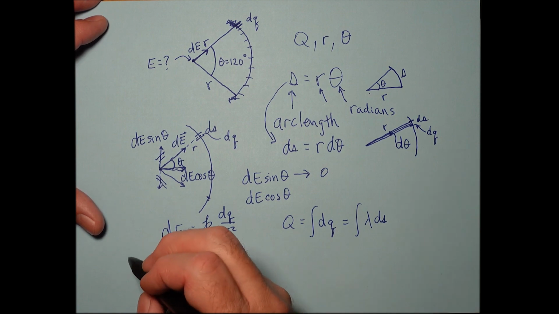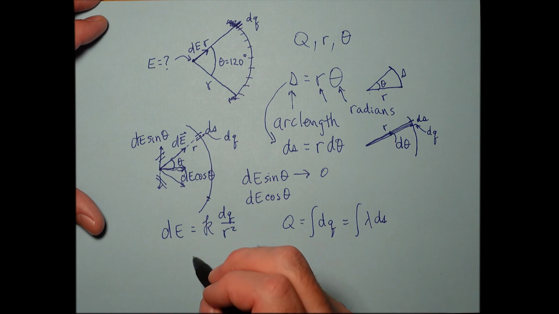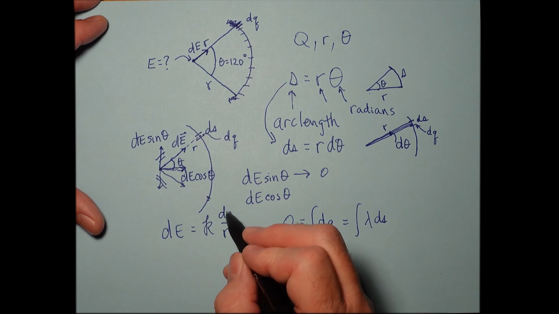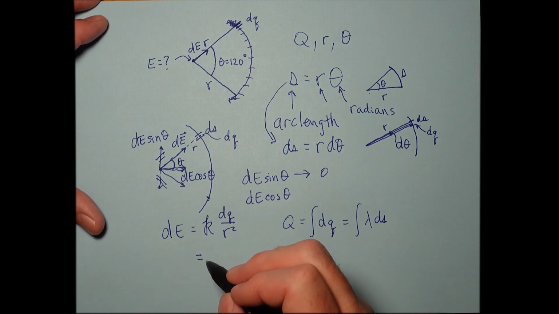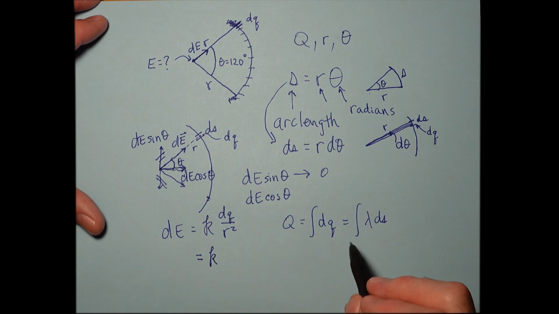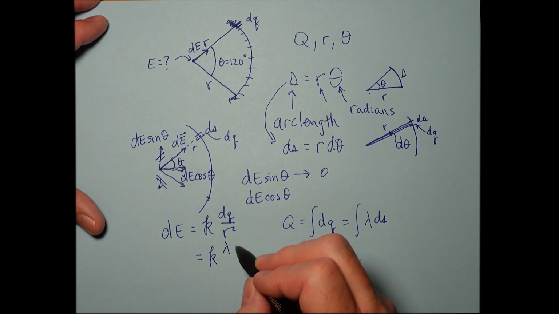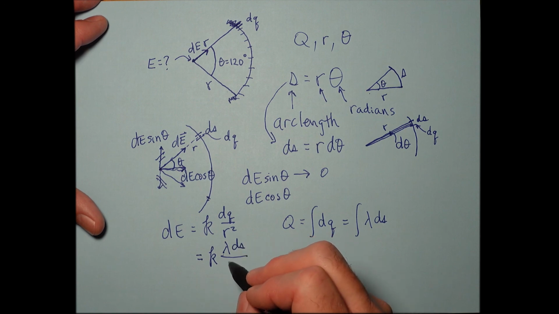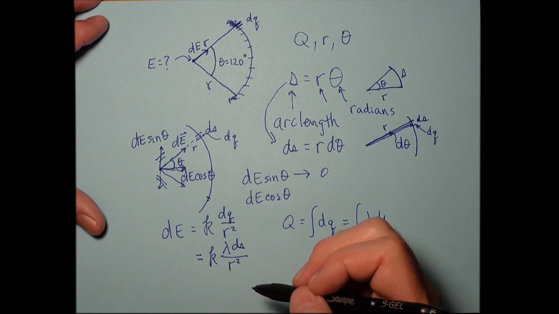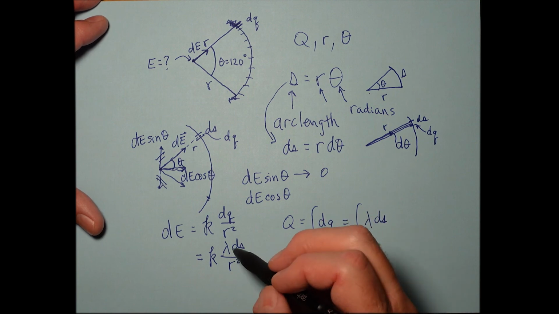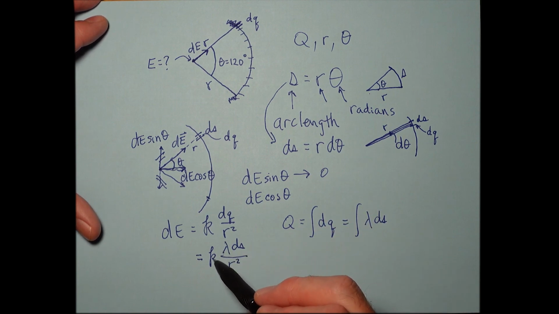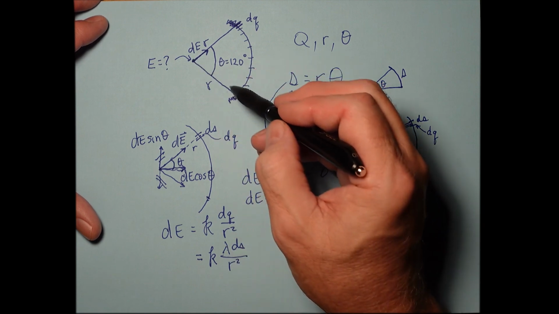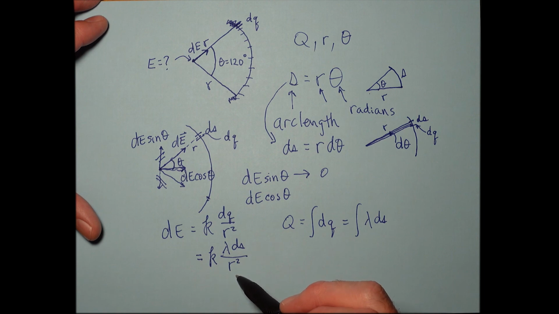All right, so let's go back here. dE is equal to k dq over r squared. Then we can write dq as lambda ds, divided by r squared. Now, k is a constant, lambda is a constant. Is r a constant? Look at it carefully, because yes, that r is a fixed value. It's a constant.